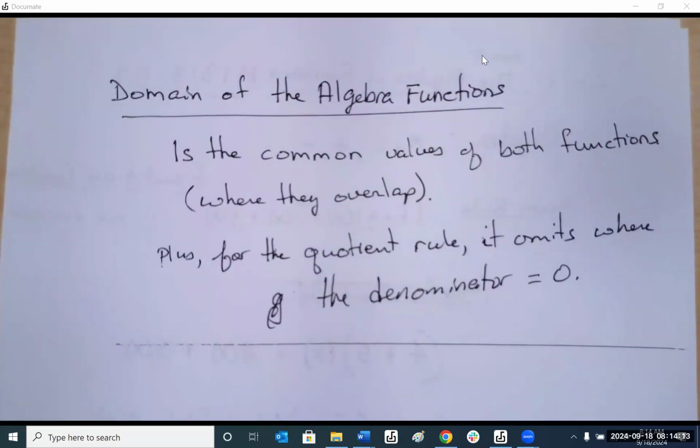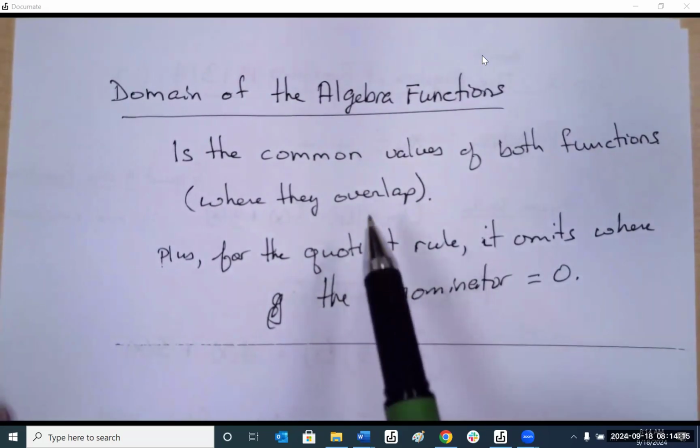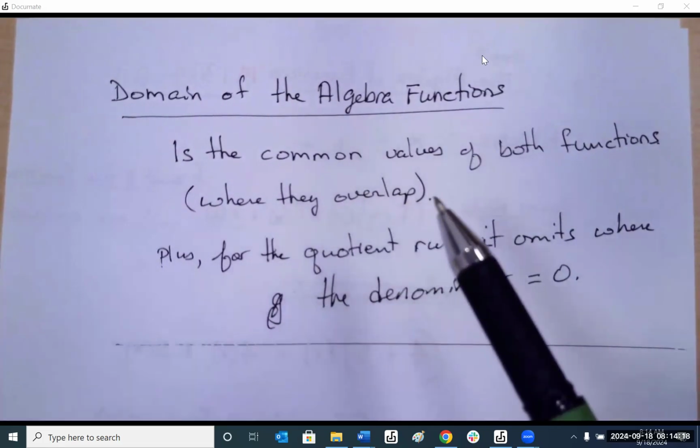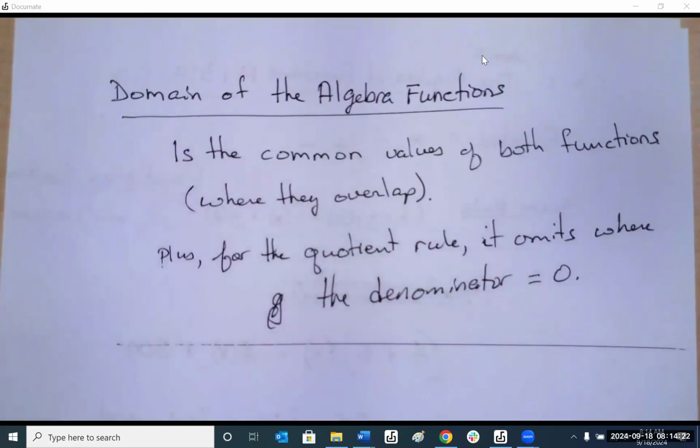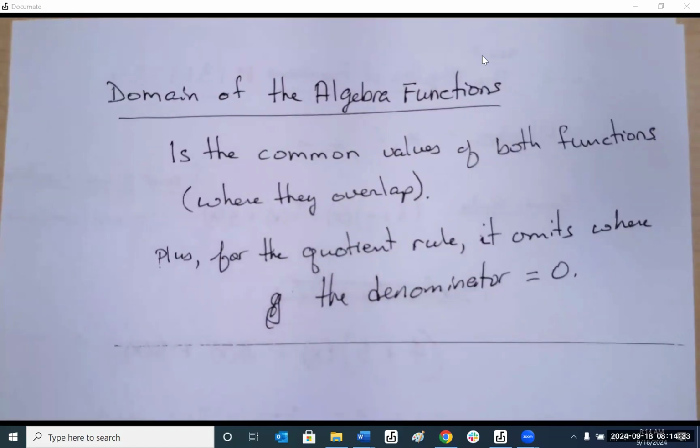Okay, so think about that now. What that means is if we have a combination of two or more functions, we have to look at each one of those functions separately, find the domains, and see where they overlap. So if they don't overlap, what's the domain then? Doesn't exist. Okay, because we can't combine them if they don't overlap.